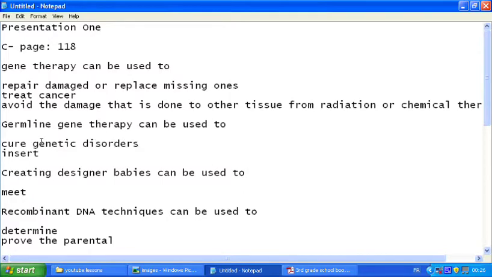Or to insert genes which enhance intelligence, that make children better at their education, or more intelligent and more athletic.